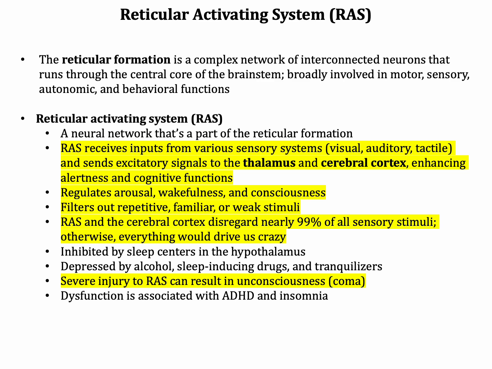If there's injury to the reticular activating system, it causes people to be in a coma, right? This is a system that is impacted. And there are dysfunctions related to ADH and as well as insomnia, the inability to fall asleep normally.